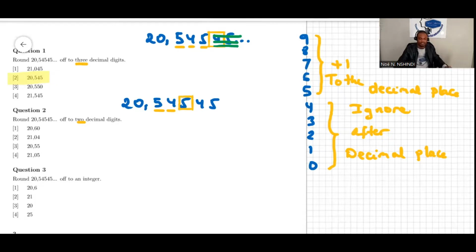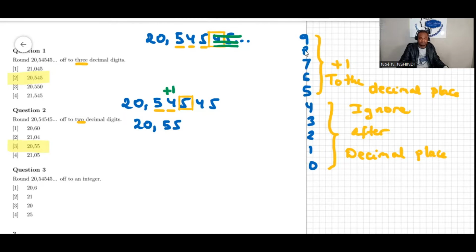This falls in the category where we add 1 to the second decimal digit. By 4 we add 1, so it becomes 20.55. So the correct answer is alternative 3.